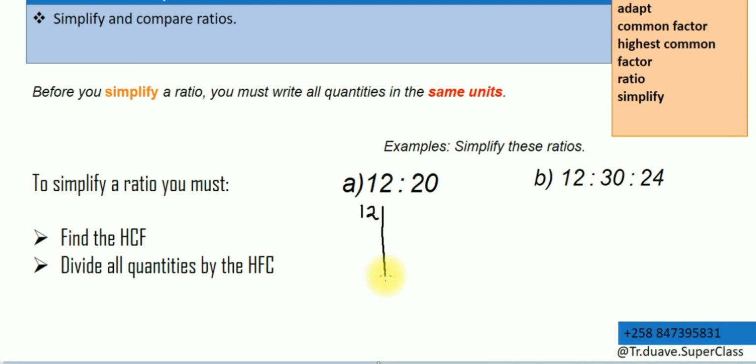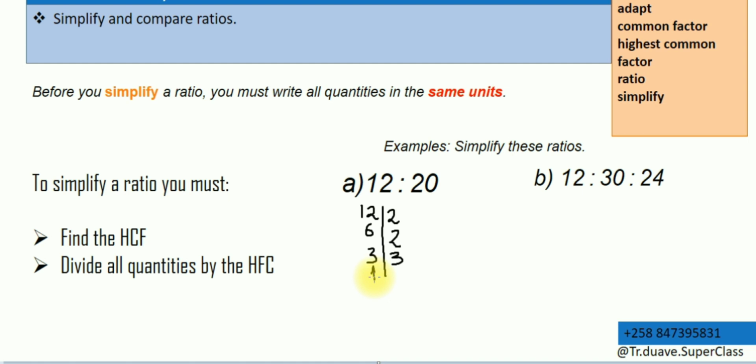To factorize a number means we are trying to divide it by the prime numbers, starting from the smallest one and getting to the largest one. 12 divided by 2, the result is 6. 6 divided by 2, the result is 3. And 3 divided by 2, we can't, so we try the next one, which is 3. Divided by 3, the result is 1. Alright, so we are done.